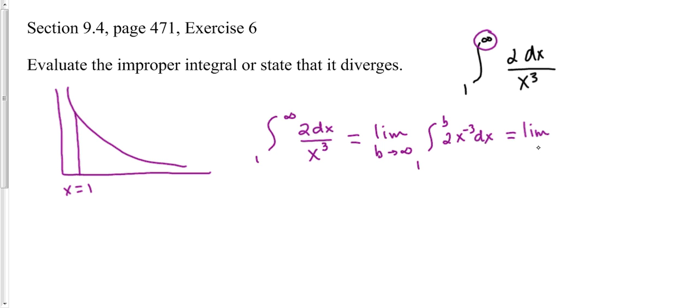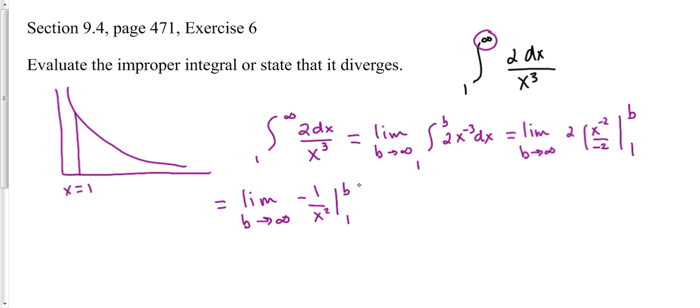So we're going to have the limit as b goes to infinity of 2 times x to the negative 2 divided by negative 2 and evaluated at 1 and b. So this is going to give us the limit as b goes to infinity of negative 1 over x squared evaluated between 1 and b.